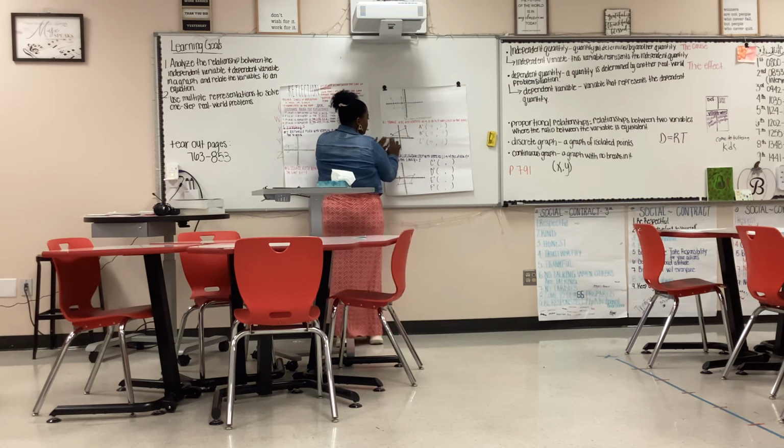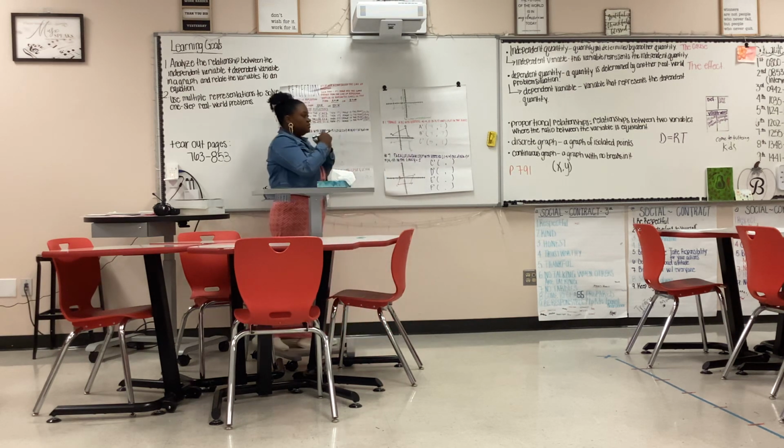So if I count and I move, I went 4 and 2, so this is now A prime. I went 4 and 7. This is now B prime. And then I went 5 and 1. This is C prime, okay?